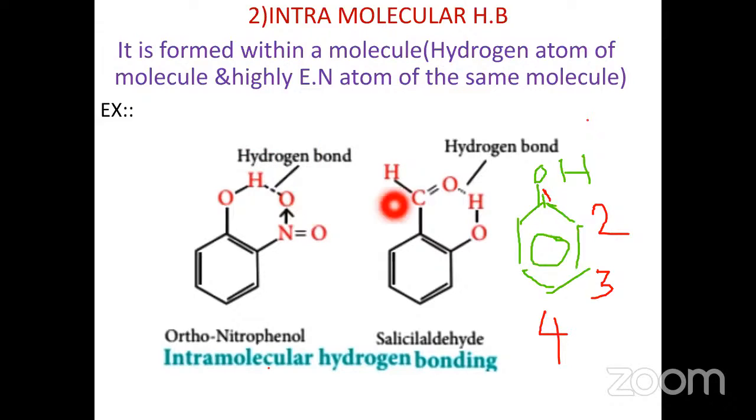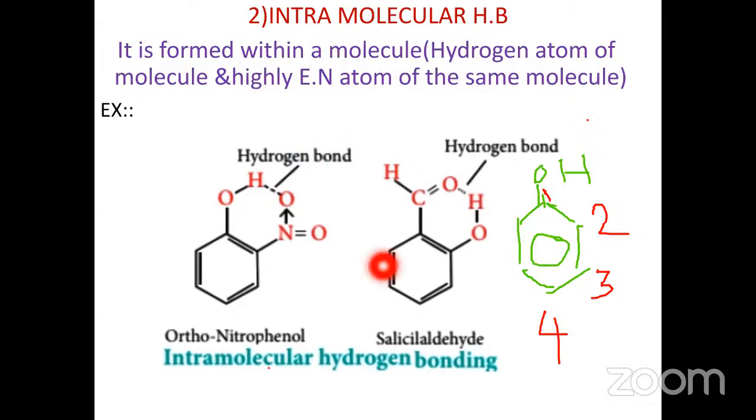The OH group present on the benzene ring is called phenol, and the NO2 group is present on the ortho position of this benzene ring. In this, the hydrogen bond is formed between the partially positively charged hydrogen atom and the highly electronegative oxygen atom. Thus, here the hydrogen bond is formed within a molecule, so it is the best example of intramolecular hydrogen bonding.